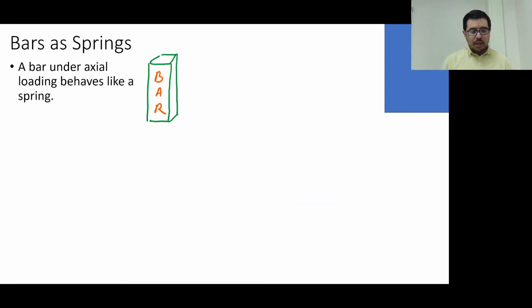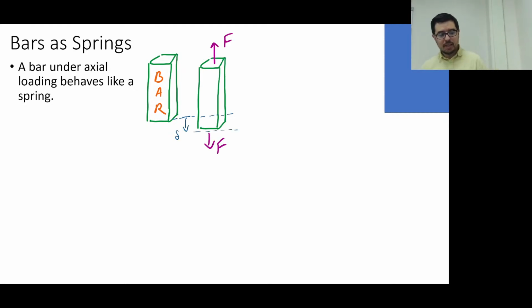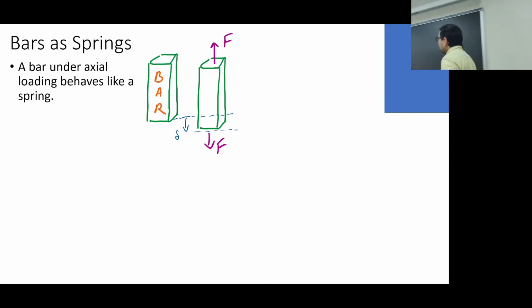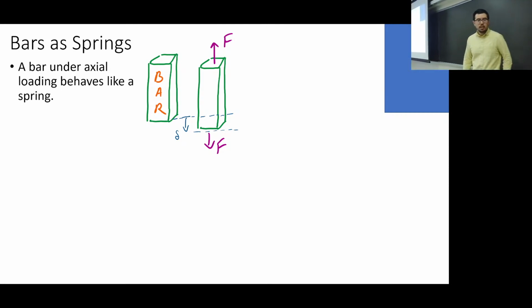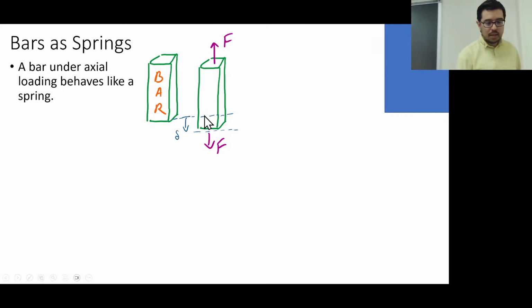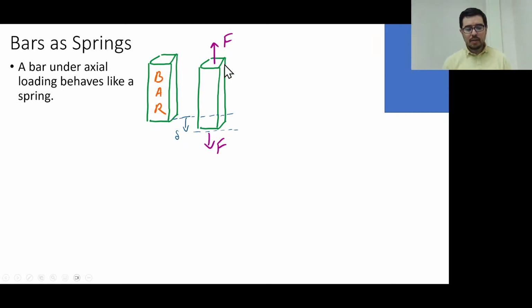So let's think about a bar, which we've already been talking about quite a bit, and its deflection. So if I've got a bar with two forces acting on it and it's magically not moving anywhere, I can think of how one end is deflecting relative to the other.